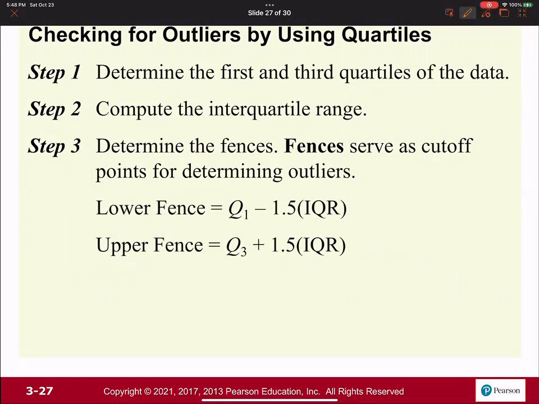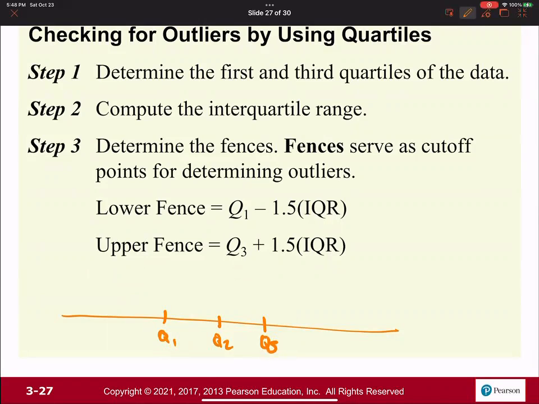So now the way we compute it for our lower fence, we have our data set here. We could say our quartile 1, quartile 2, quartile 3. With these three quartiles, a lower fence is going to start with quartile 1, and it's going to be a value smaller. With the upper fence, it's going to be quartile 3 and a value bigger.